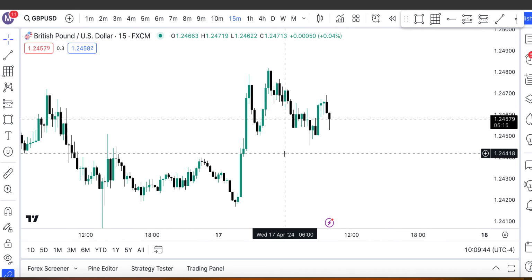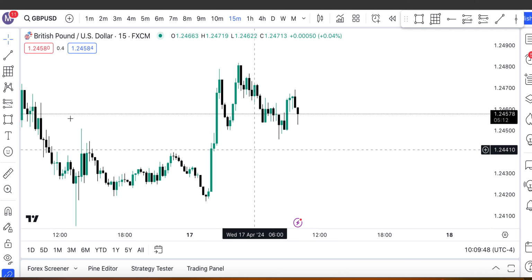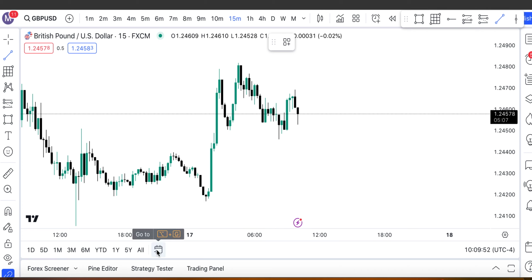So just a quick example before we talk about the time aspects of things. We can say in this chart here, where do you think the most prominent high and the most prominent low is?